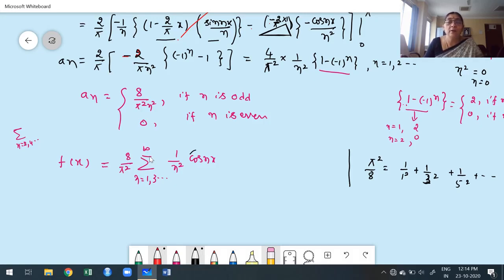But I don't want the cos value. Once you expand that, we get 1 by n square: 1 by 3 square, 1 by 5 square. I don't want cos nx; I want to convert cos nx so that it equals 1. Okay. Now, before moving to the next step, first you write this is the required Fourier series for the given function.